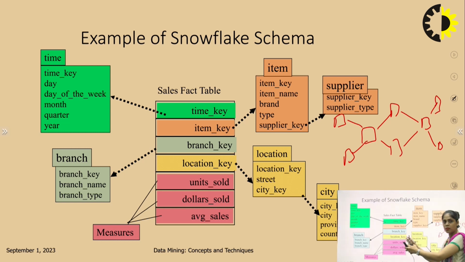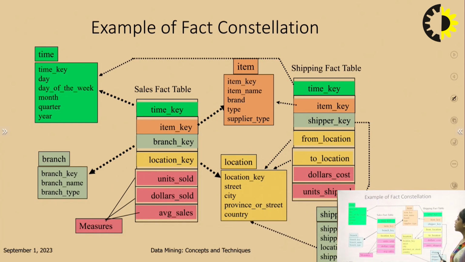Means the main table is there, it is connected to other ones, and further those tables are connected to more different parts. In this fact constellation, any table is connected to any other table wherever it is needed. It is connected to anyone and anywhere wherever it is needed.